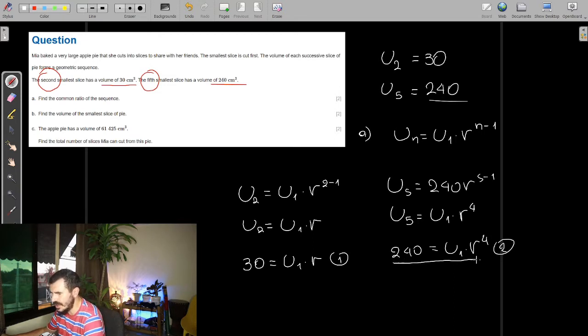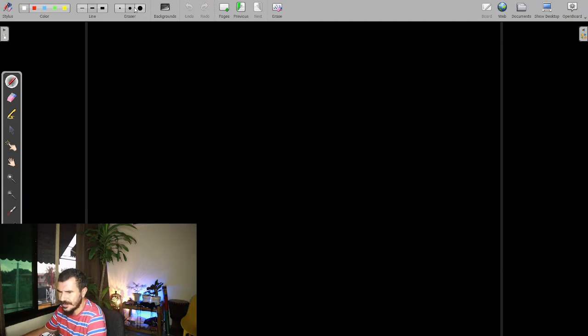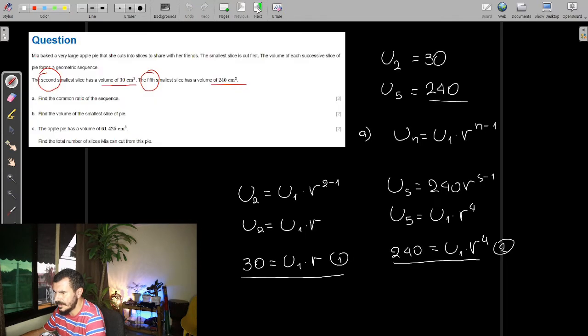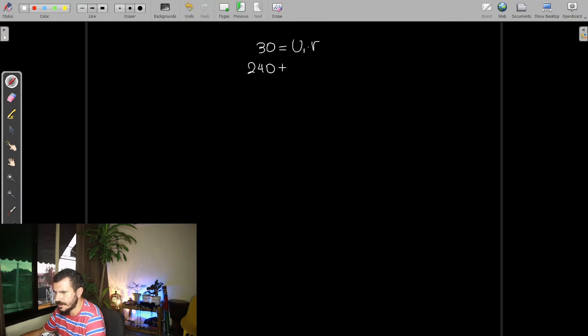So I have this equation and also this. How will I solve this? Because I have two equations and two unknowns. Let's see it here. 30 is equal to U1 times r, and the other one is 240 equals U1 times r to the power of 4.